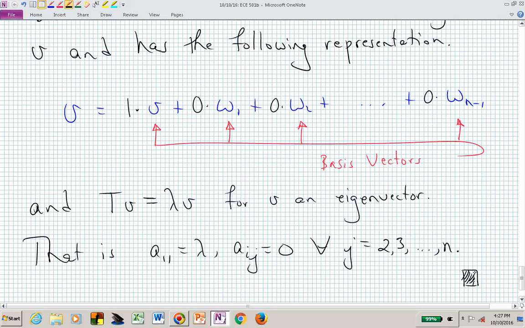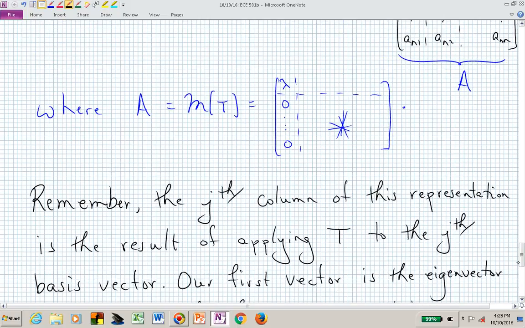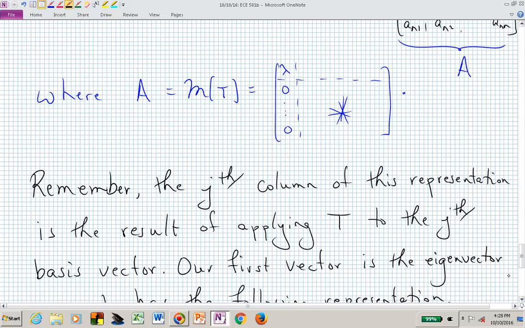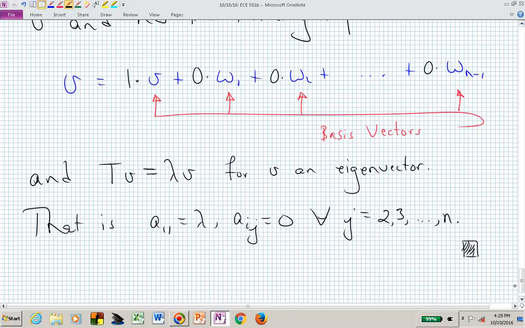And that's now forcing that structural property on our A matrix. Lambda is only going to be weighting our first basis vector, which is v.